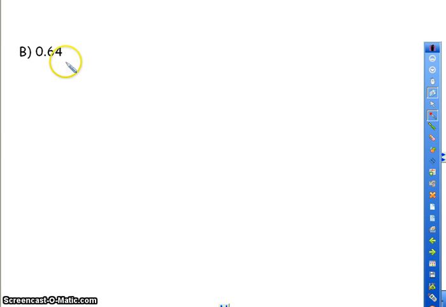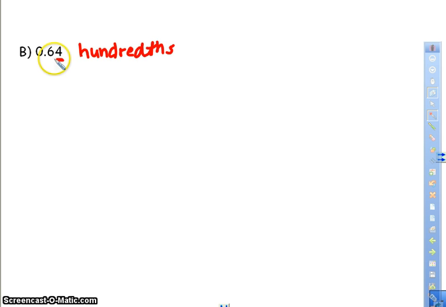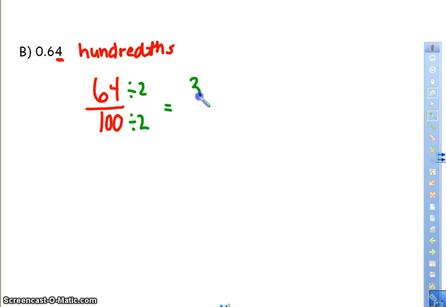Now I have 0.64. The 4 is in the hundredths spot, so this is 64 hundredths. So I write 64 over 100. Once again, this is an even set of numbers, so I know I can divide by 2 at least. 64 divided by 2 is 32. 100 divided by 2 is 50.